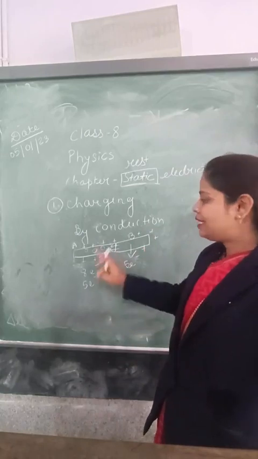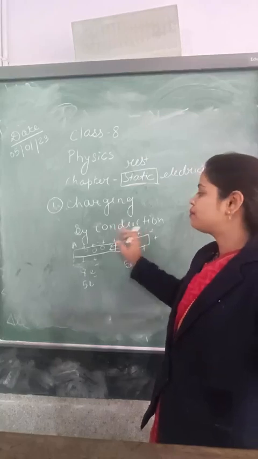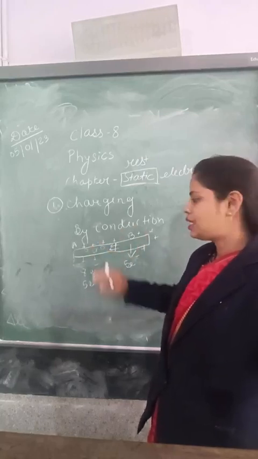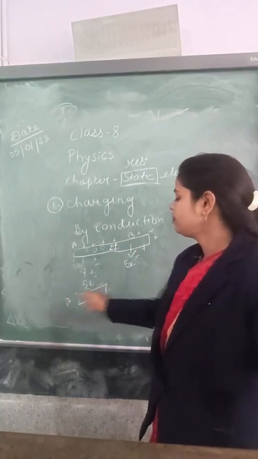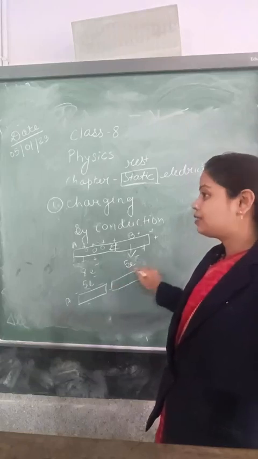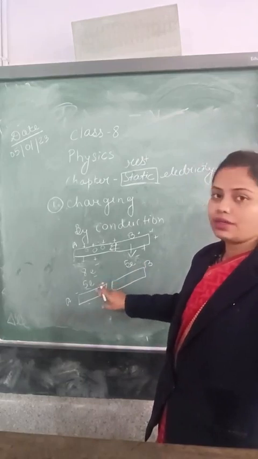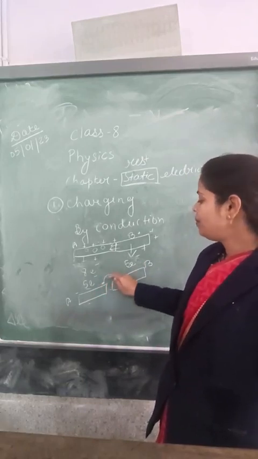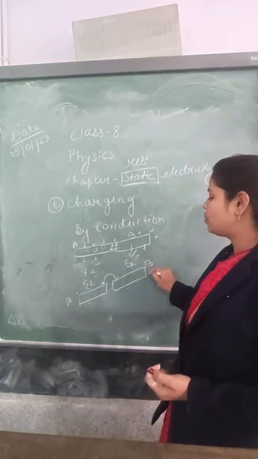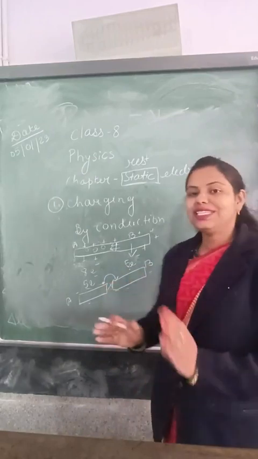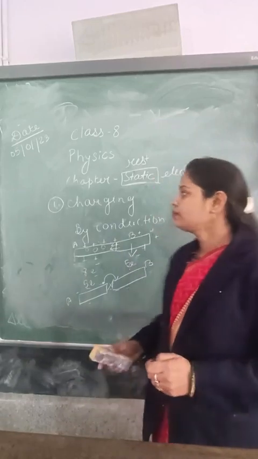So in the method of conduction, the same kind of charge is developed on the other rod which is brought in contact with the charged rod. If we take a negatively charged rod A and bring it in contact with rod B, the extra electrons on rod A will be attracted by rod B, as a result of which it will also acquire a negative charge. This is the process of charging a conductor by the method of conduction.